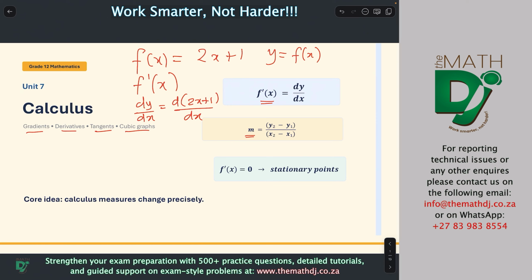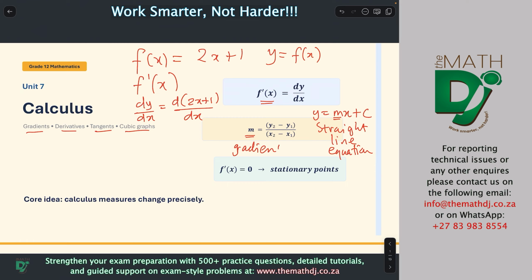Then we look at this. This is from the equation y is equal to mx plus c, which is the equation of a straight line. The m represents the gradient.